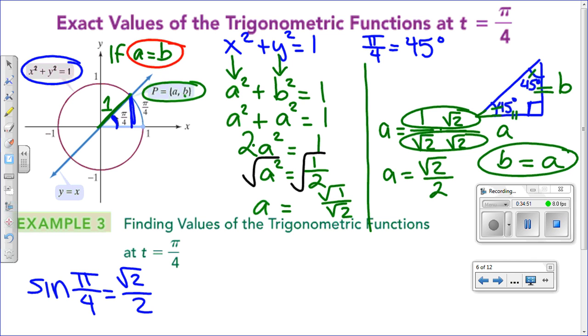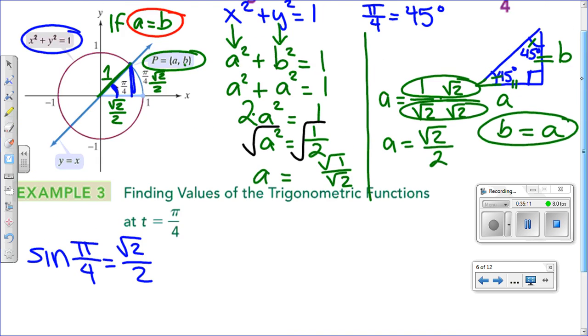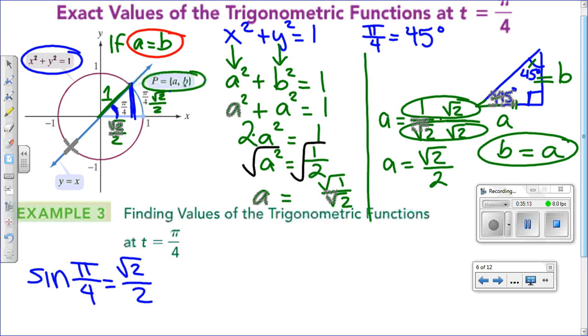All right, yeah. So this side is equal to the square root of 2 over 2, and this one is also equal to the square root of 2 over 2. All right, now that we know all of that, we could say that the cosine, so if we go by the opposite side, it will be the y coordinate here, and the adjacent side is the x coordinate.